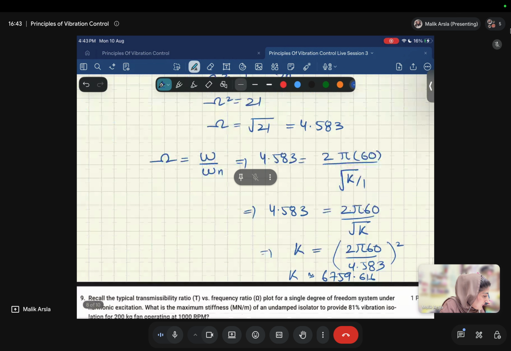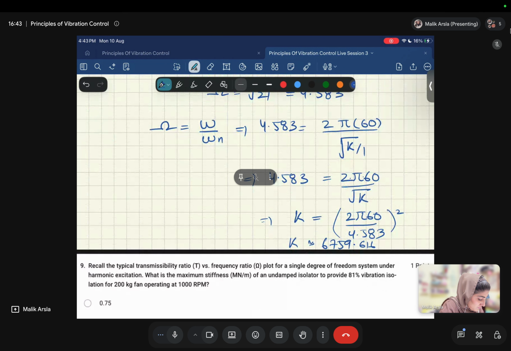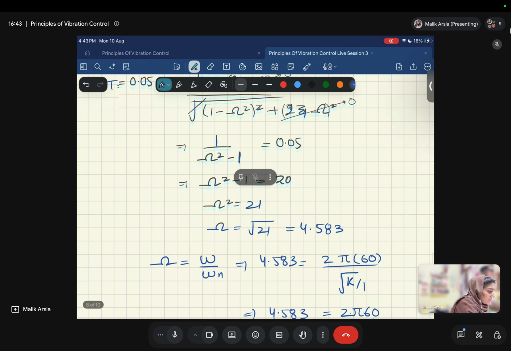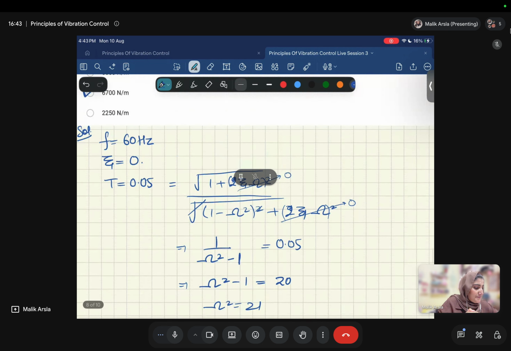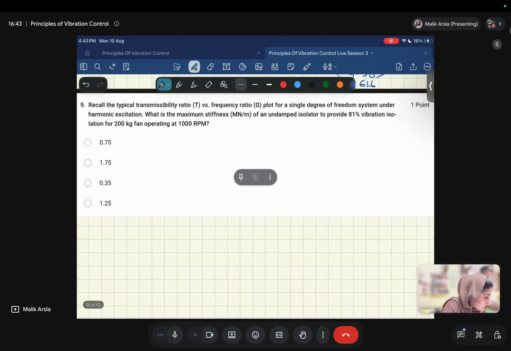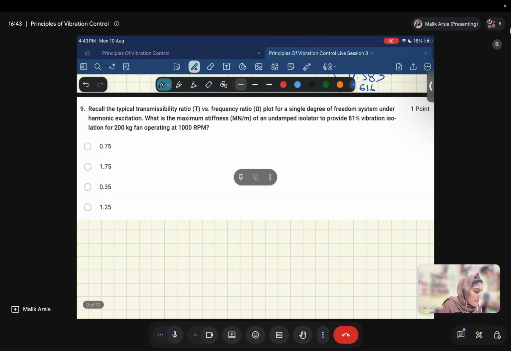So that is the correct option. Okay, is this clear? Okay.